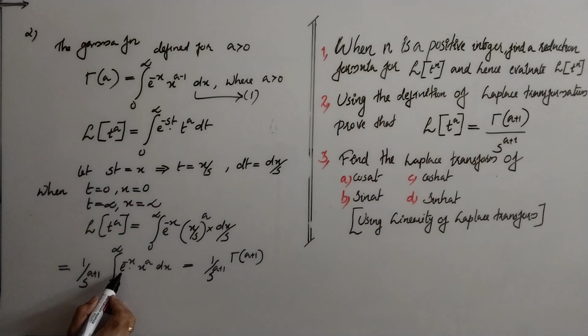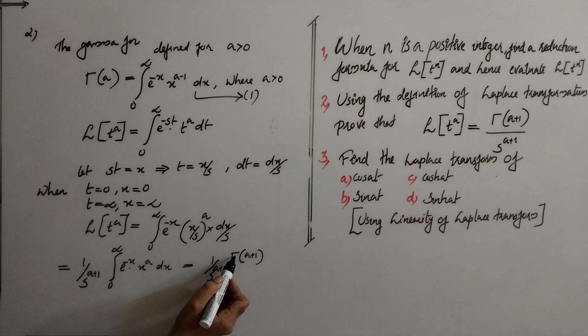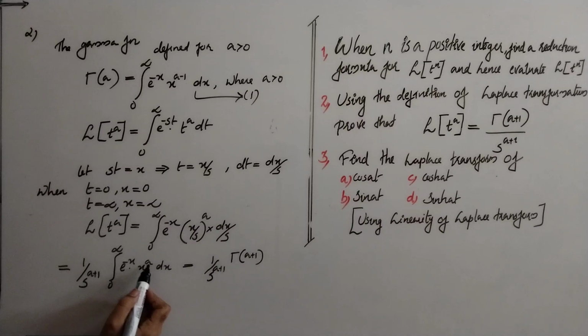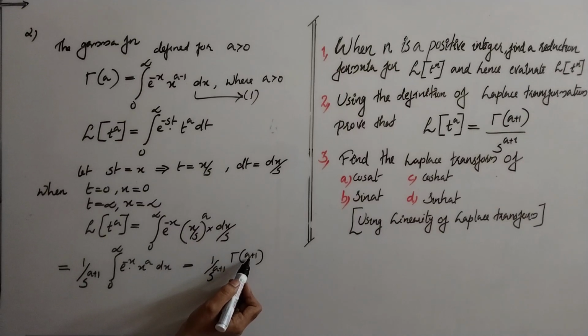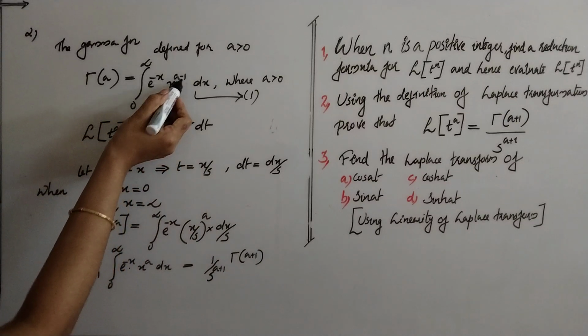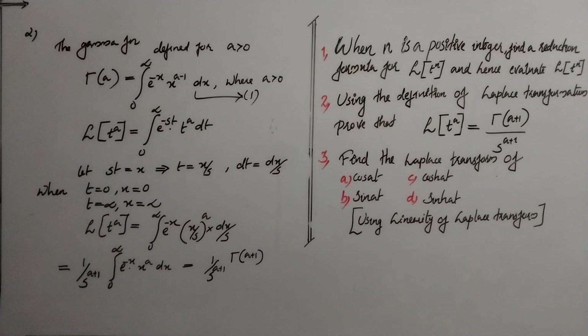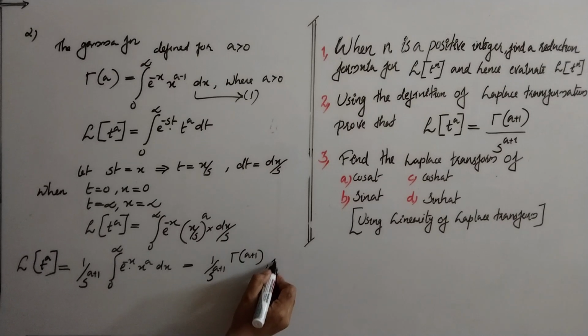Here it is e raised to minus x into x raised to a. So x raised to a means gamma of a plus 1, and x raised to a minus 1 means gamma of a. So we get the Laplace transform of t raised to a is equal to gamma of a plus 1 divided by s raised to a plus 1, if s greater than 0.